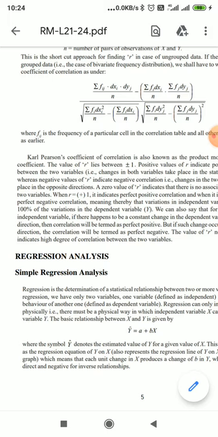So again I repeat, y mod is equal to a plus bx. This is known as the regression equation of y on x.